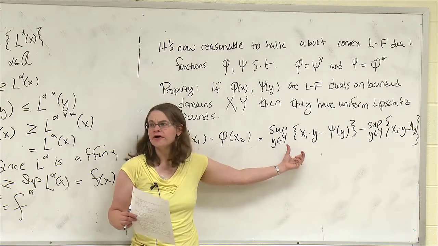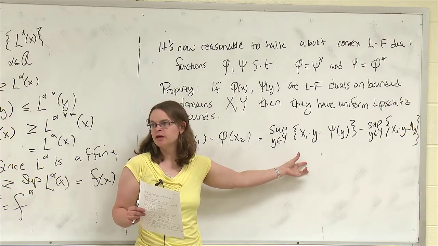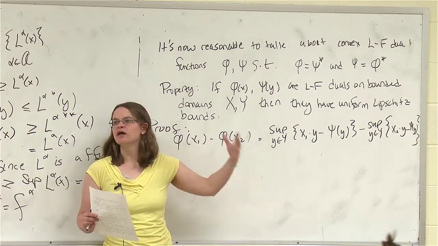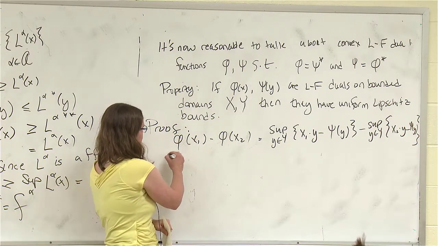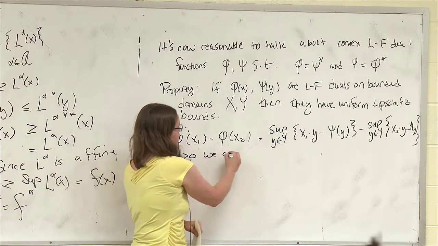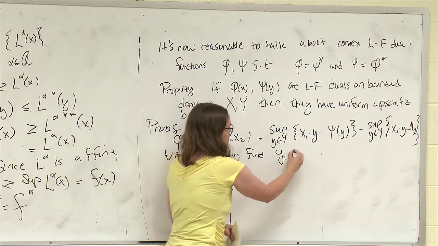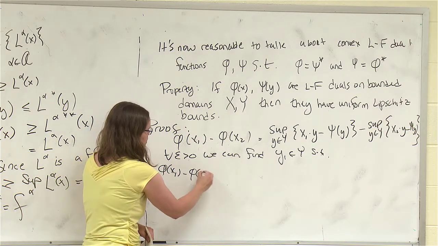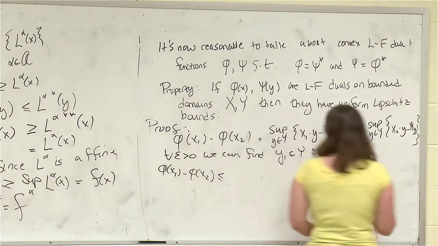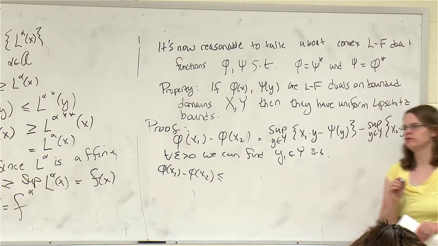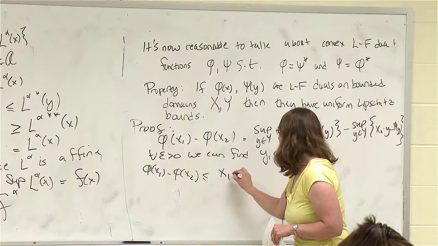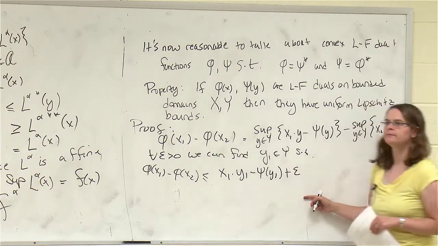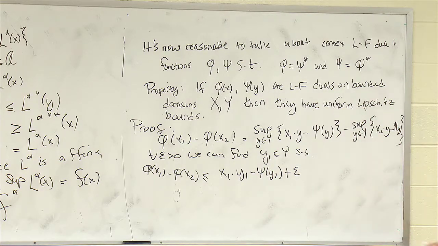Okay, I don't know a priori if this supremum is actually attained as a maximum, but I know that I can get arbitrarily close to this value, right? So you give me any epsilon that you like. I can find, so for any epsilon, we can find, say, a y1 such that all of this minus phi of x2, we might not hit the supremum, but we'll get within epsilon of it. So it is x1 dot y1 minus C of y1 plus epsilon. Right? I can always get arbitrarily close. I can get within epsilon.